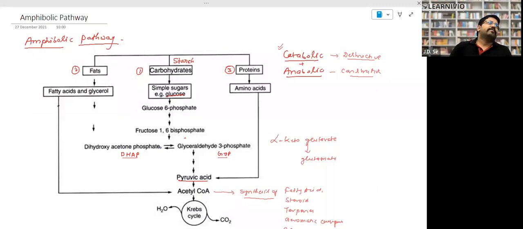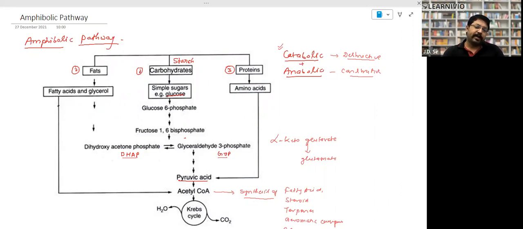Now there is a question that you must have encountered in your 11th class examination: is this pathway, the Krebs cycle, a catabolic pathway or an anabolic pathway? Let me recall for you. Catabolic pathways are destructive pathways, where destruction is taking place.